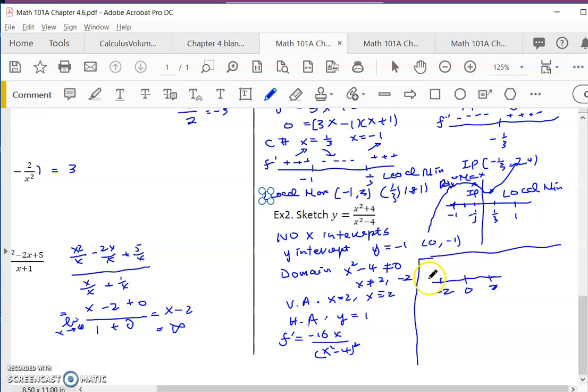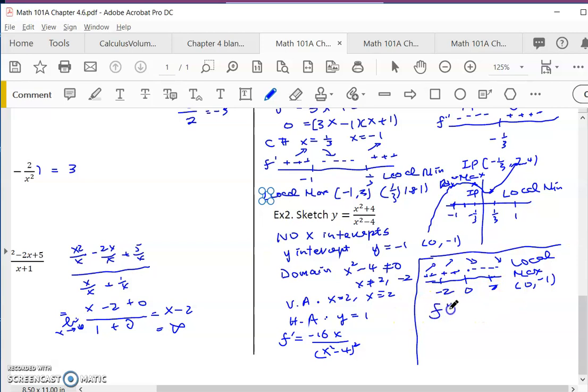And in terms of increasing, it's always increasing, right? And then it's always decreasing on the other side. So it's always increasing, and then decreasing. So the local max is at 0, -1, no local min.